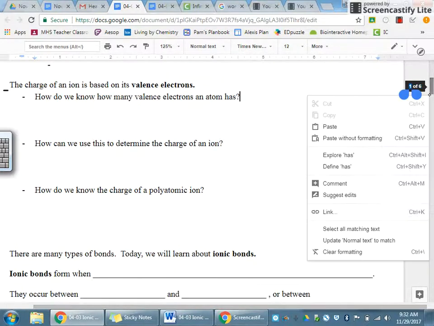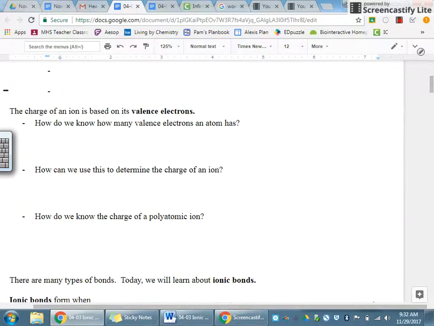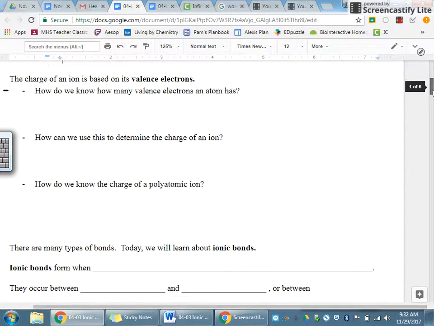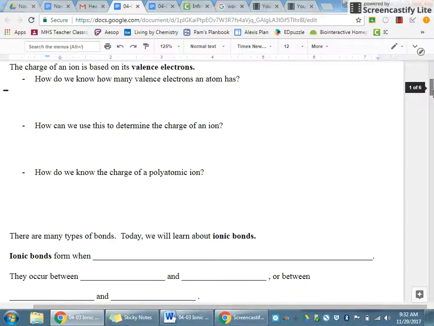Okay, so the charge of an ion is based on its number of valence electrons. How do we know how many valence electrons an atom has? Well, there are a few methods. We can use electron configuration.